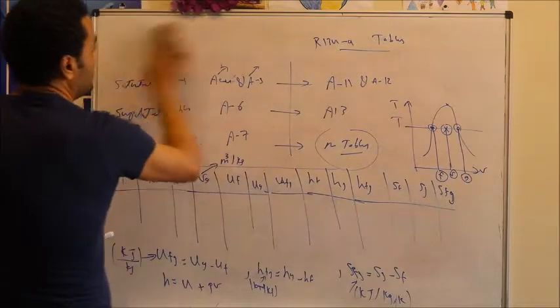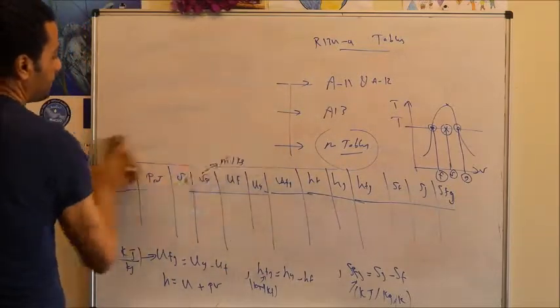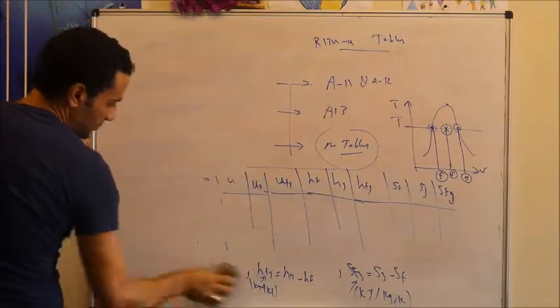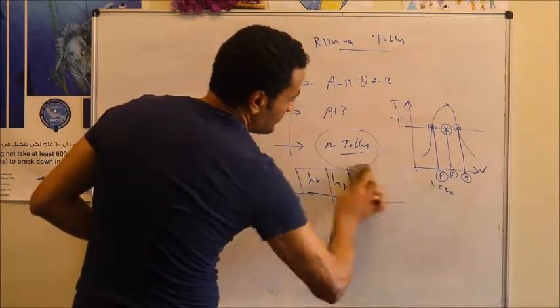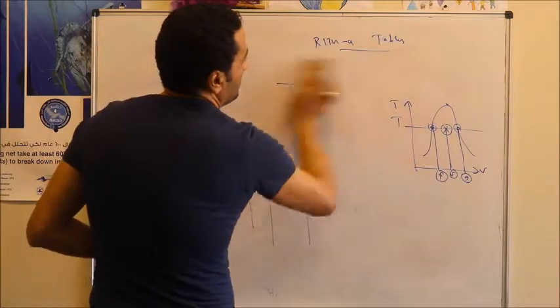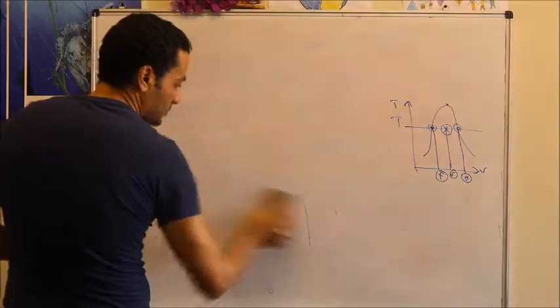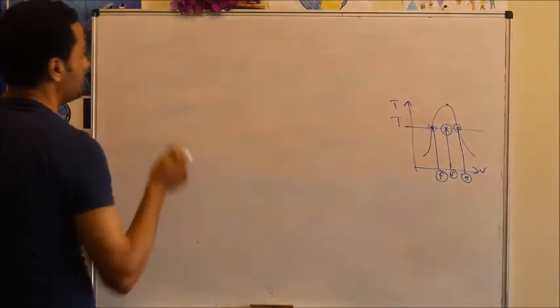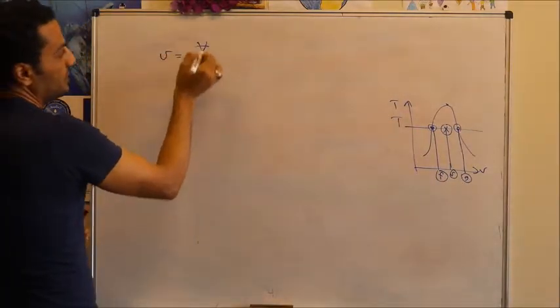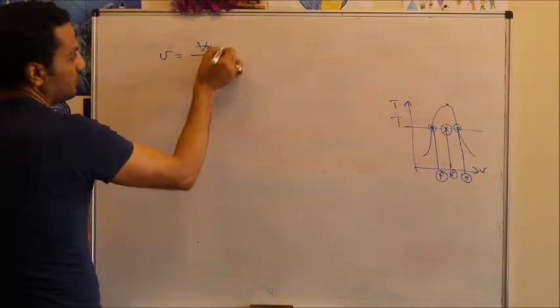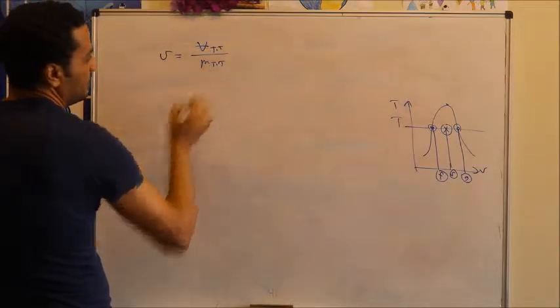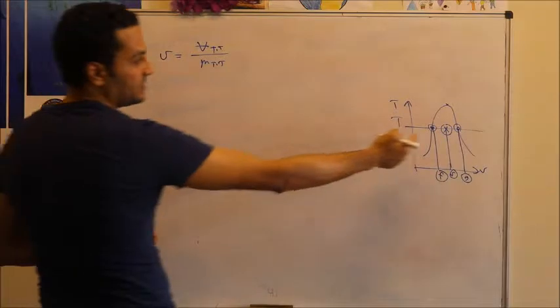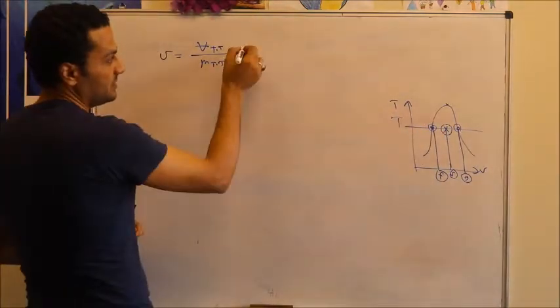Let's look at the definition of this volume. Specific volume of any substance is equal to the total volume divided by the mass. So we have the specific volume V equal to the total volume V total divided by the total mass. At this point we have a mixture, gas plus fluid.